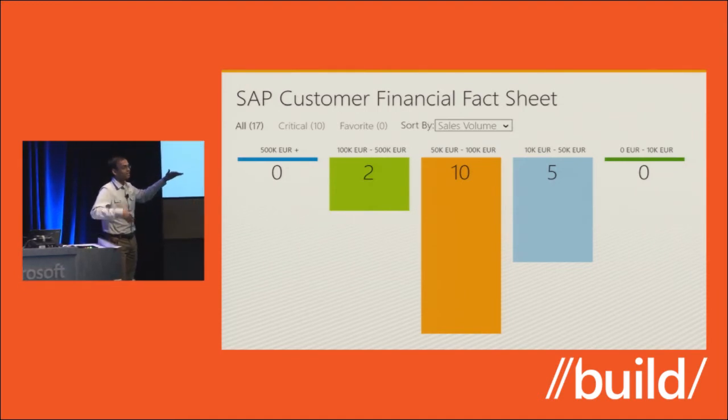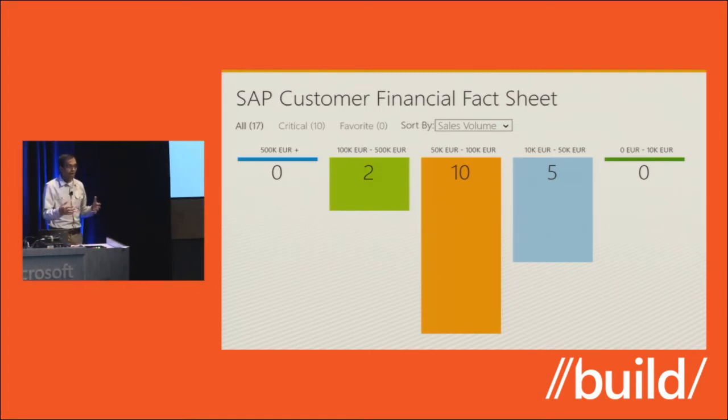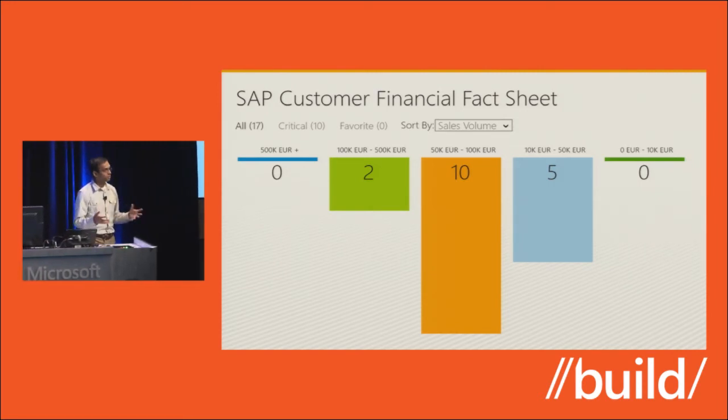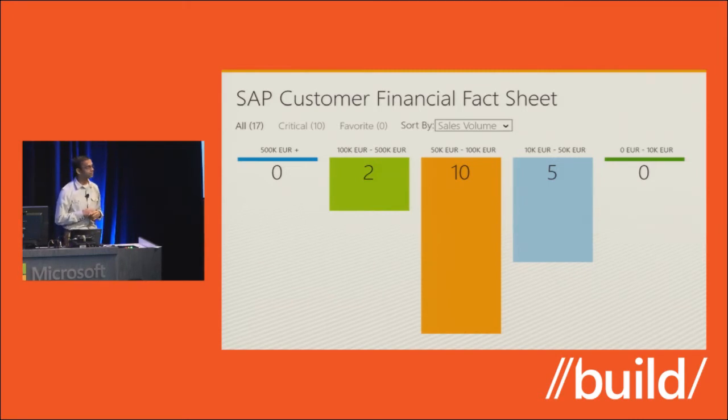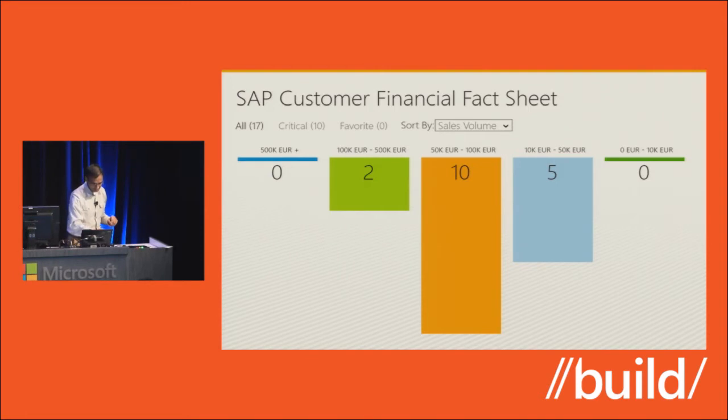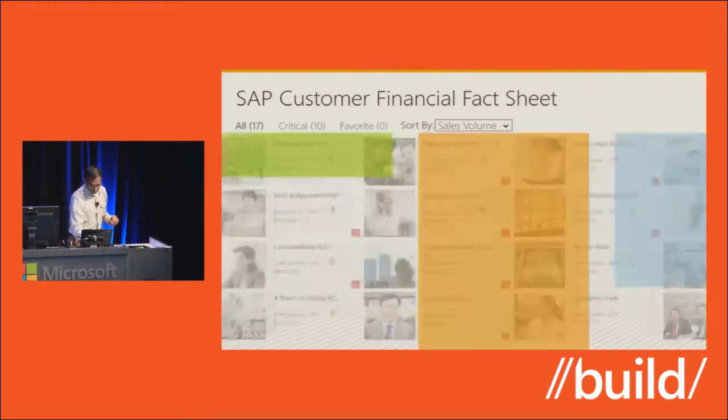So imagine you have scenarios, for your managers or as dashboards, where you want to show a lot of data. How simple it becomes to provide all this data in a simple, compact, and approachable form for your audience or your employees, and how much productivity it improves for them. So this is the financial fact sheet application. I'll go back.